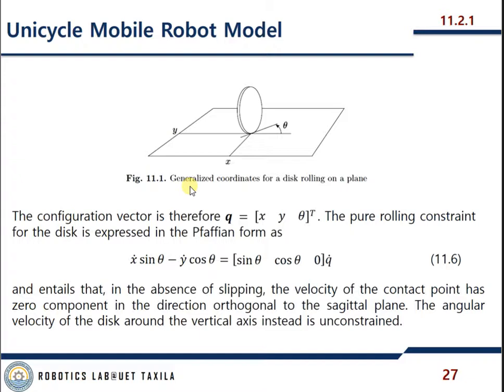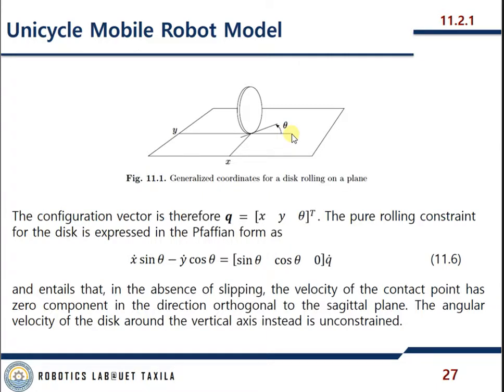This entails that in the absence of slipping, the velocity of the contact point has zero component in the direction orthogonal to the sagittal plane. So, this is my x direction, this is my y direction, this is my theta. It cannot go sideways. It can go either forward or backward, or it can rotate.